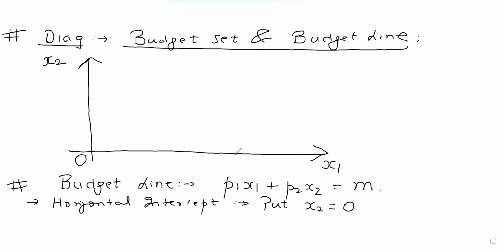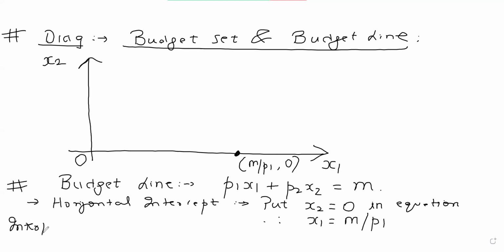If I have to find out the horizontal intercept, that means the intercept on the x1 axis, you put x2 as 0 in the equation. So what do we get? We get x1 as M by P1. That means the coordinates of this point are (M/P1, 0). This is the horizontal intercept.